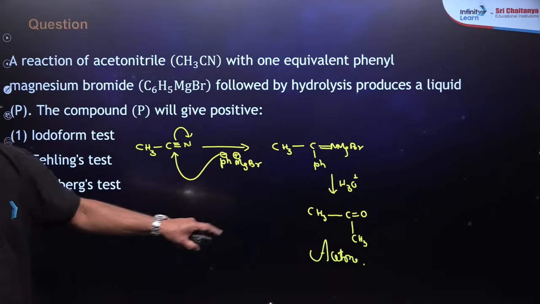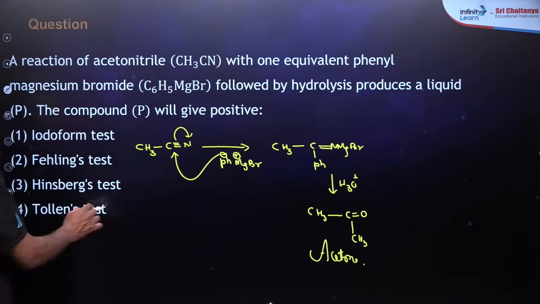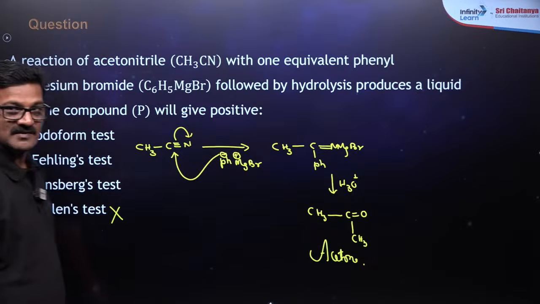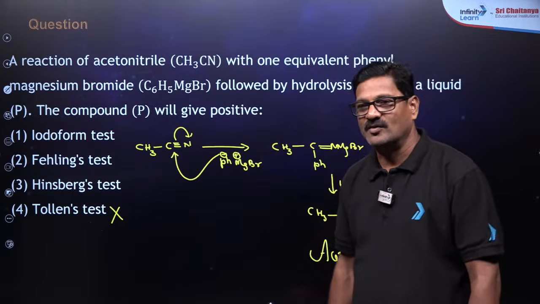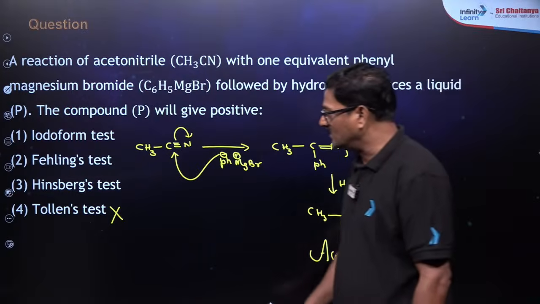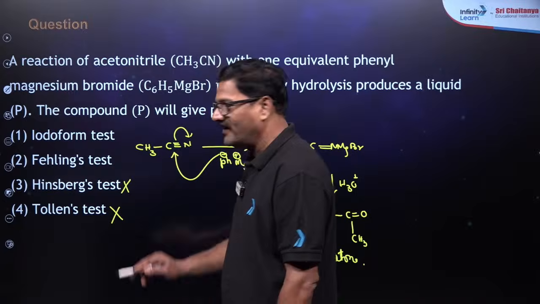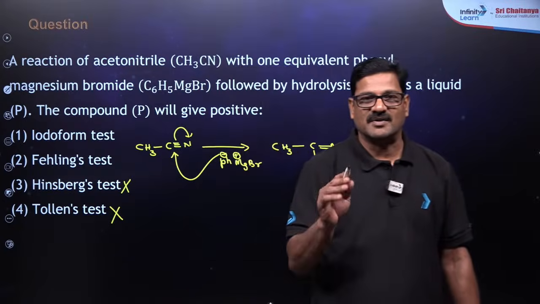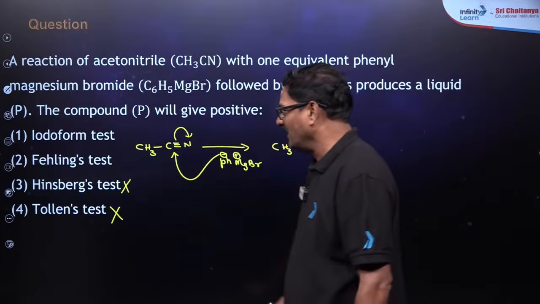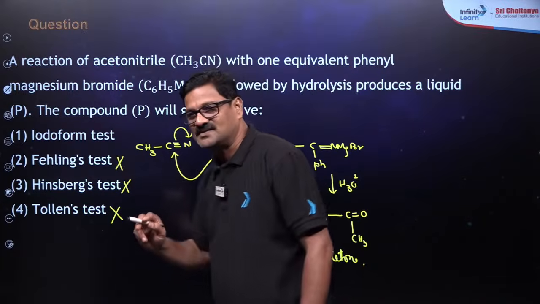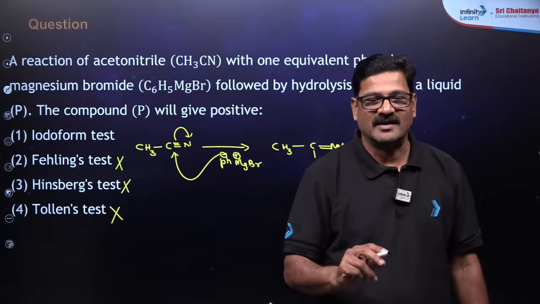And this is going to give you Tollens test? No, because aldehyde gives Tollens test, ketones Tollens test will not be given. Hinsberg test will be given by the amines, and Fehling's test will be given by aldehydes.